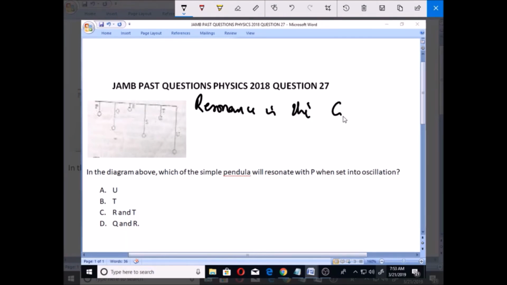Resonance is that very condition when a body is made to vibrate on its own natural frequency.